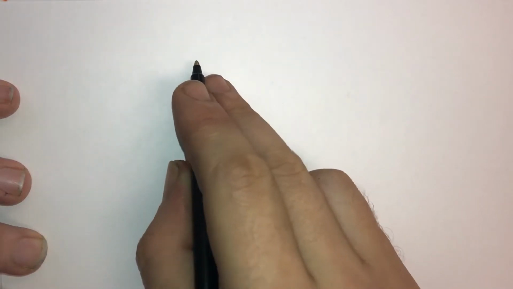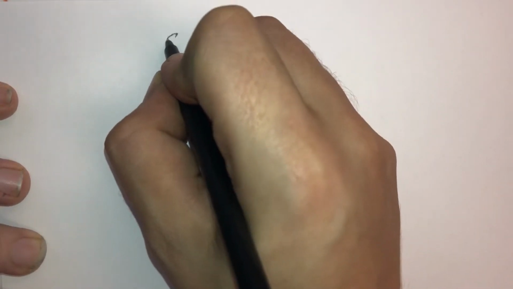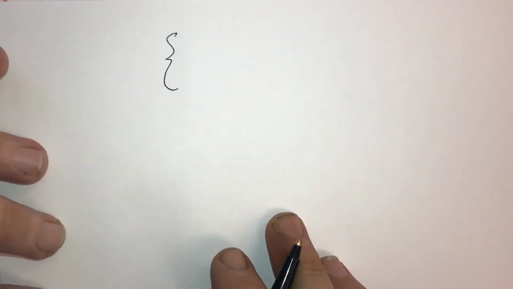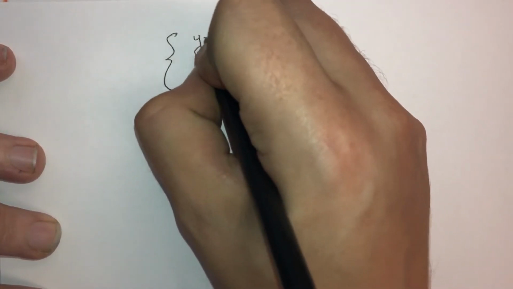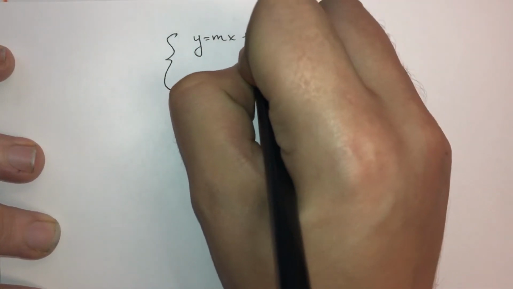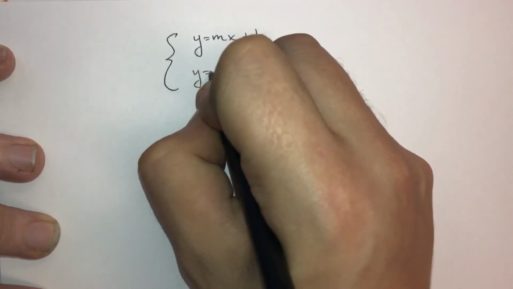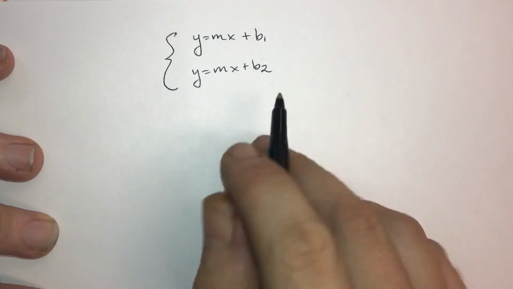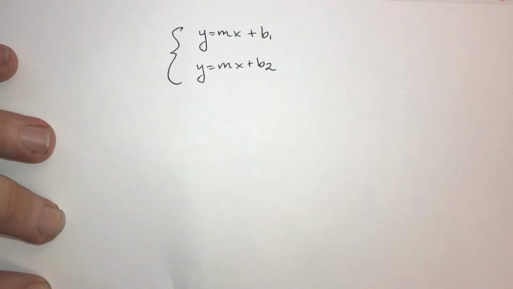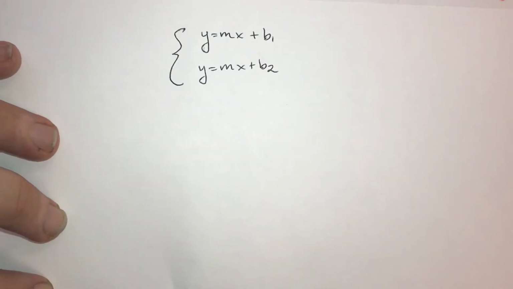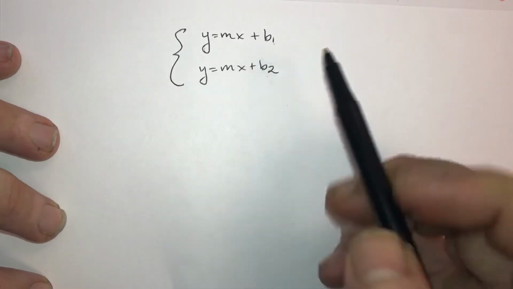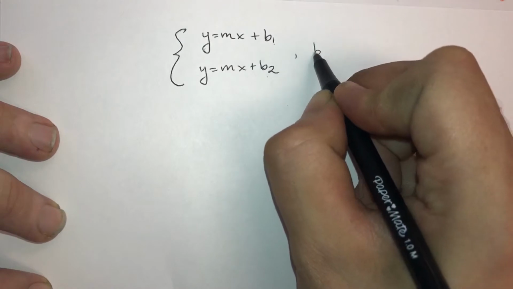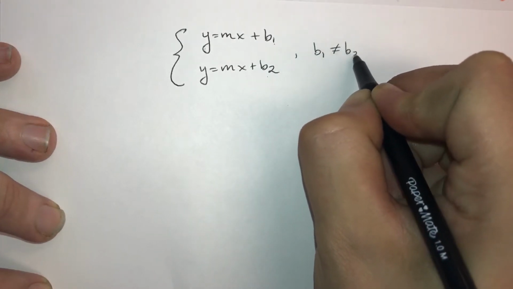All right, so intersections. Let's consider the system of equations for two lines, y equals mx plus b1 and y equals mx plus b2. This is a system of equations, which means it describes two lines. And in this case, I'm going to write that b1 is not equal to b2.